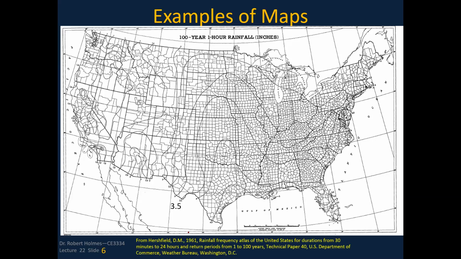This is 1961. This was what's called TP40, which was Technical Paper 40, which was introduced by the Department of Commerce Weather Bureau, which was the precursor to the National Weather Service for the United States. And you can see in this publication, there were a bunch of these different maps. They would have some frequency and then some duration. So for the 100-year, I think they had like a 2-hour, 3-hour, 6-hour, 12-hour storm.